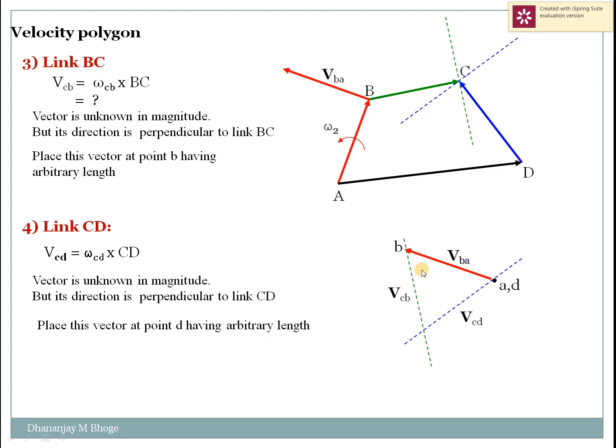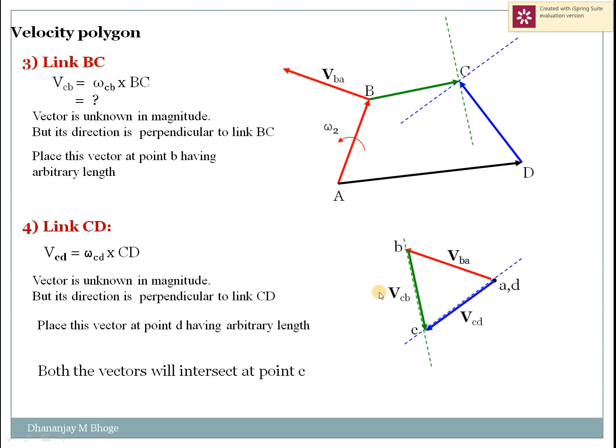Now look here, this line representing VCB passes through point C. This line representing vector VCD also passes through point C. So the point of intersection of both these vectors must be point C. So these are the velocity of C relative to B and the velocity of C relative to D. Now we have marked the arrows towards C because this vector represents VCB, so it must be vector B to C. And this velocity represents VCD, so this should be the vector DC.